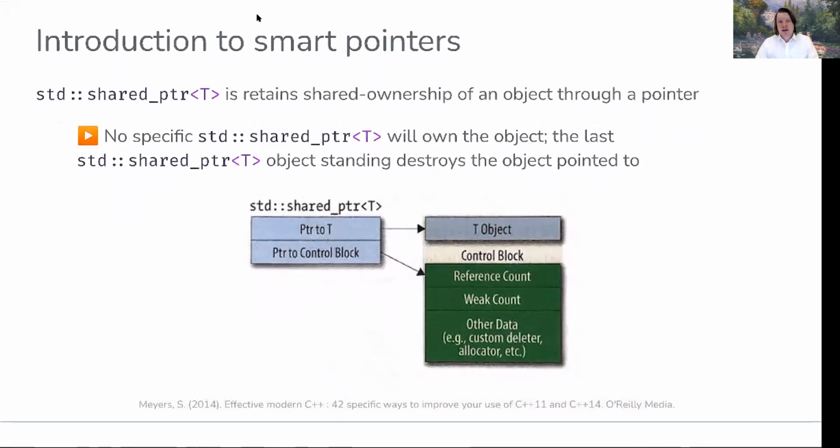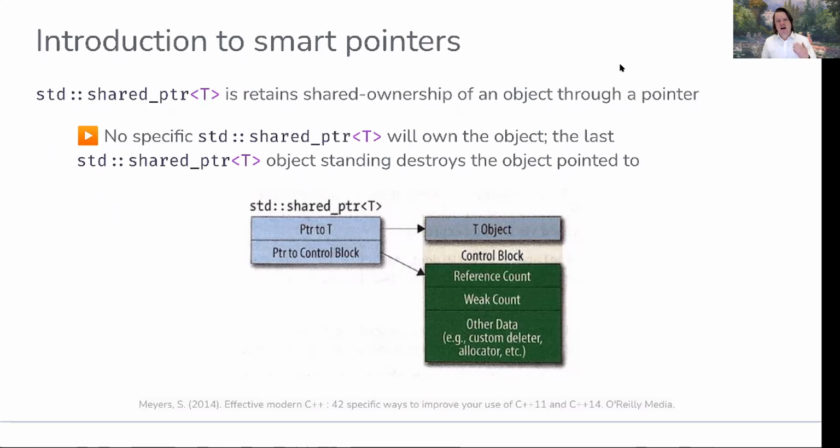Now, a shared pointer is going to allow, as the name implies, some sort of shared ownership of an object through a pointer of the shared pointer type. And this will be constructed similarly to our unique pointer, in that a shared pointer is going to be but a wrapper around a raw pointer object, and it's going to enforce certain interactions with that pointer to the resource through its public interface.